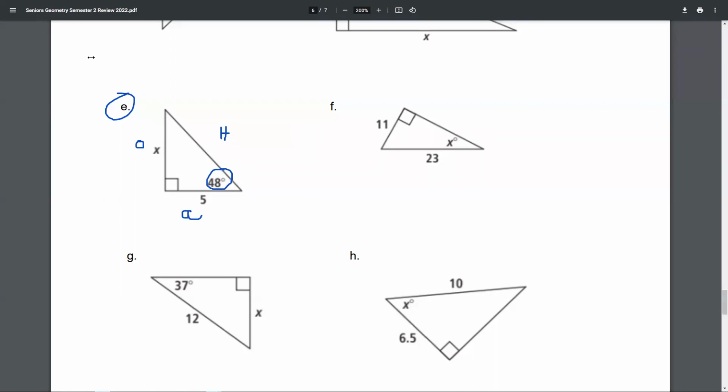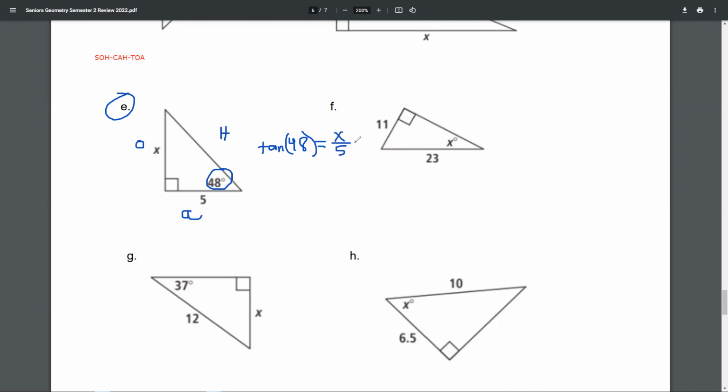We're going to use our mnemonic, SOHCAHTOA. TOA. All right, we have opposite and adjacent. So again, this one's going to be tangent. So I'm going to do the tangent of 48 equals opposite, which is x, over adjacent, which is 5.